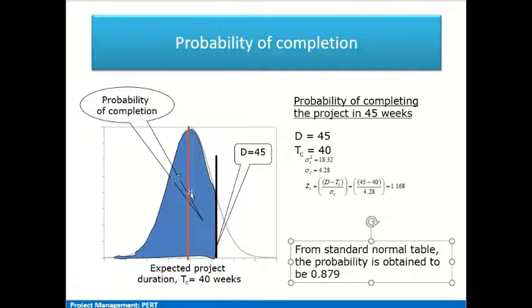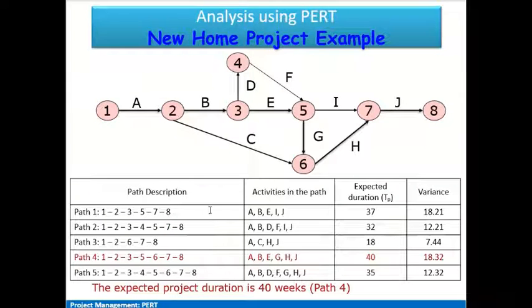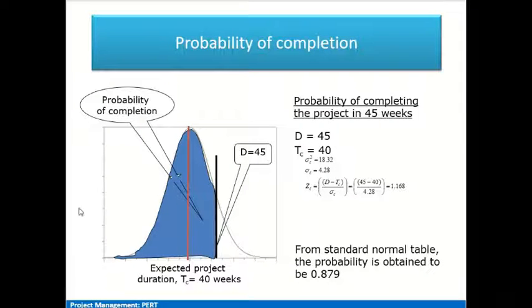So what we say is that our estimate for project duration is 40 weeks, but because of uncertainty, the project is expected to get completed in 45 weeks, to the extent that we have only 88% surety or probability that the project will get completed within 45 weeks.